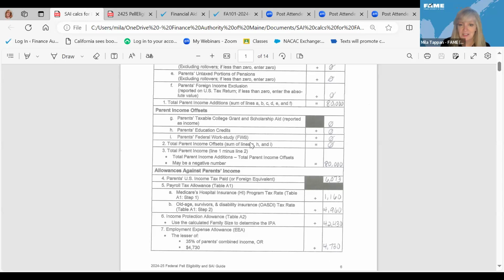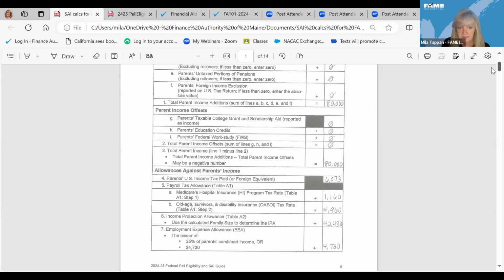So if I had a student who had income that was a combination of work study and non-work study, here I would list the amount that was from work study, and that would be taken out. So it would not count against them. That's what these offsets are. It's acknowledging that sometimes there's a program that's meant to be beneficial to the family, and we don't want it to count against them when the SAI is being calculated.